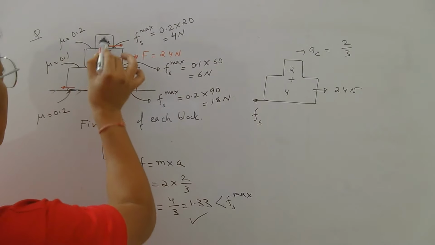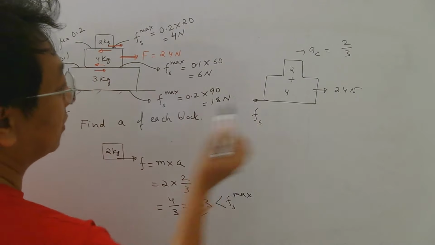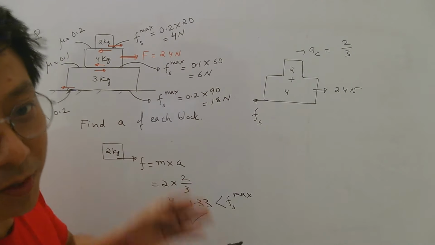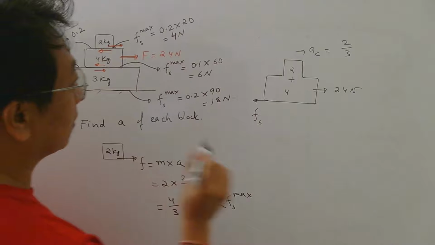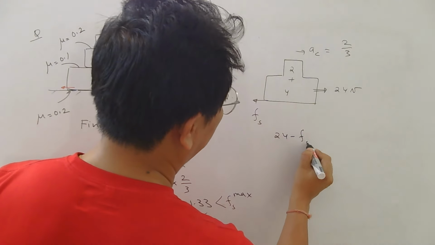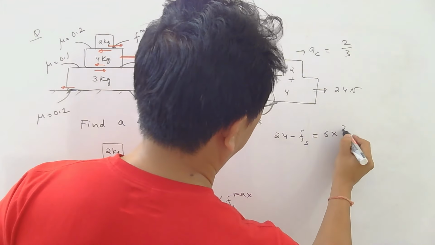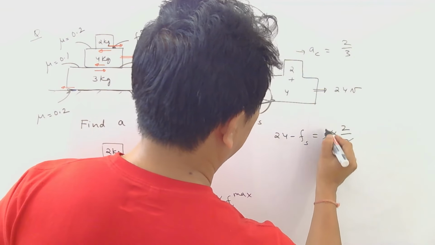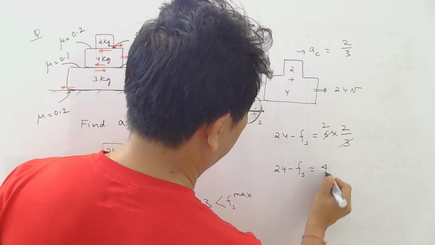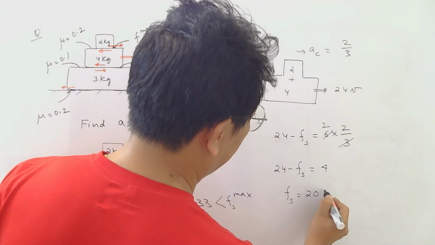This one will be internal between 2 and 4. So this is the external force from the 3 kg. Since I am saying they are moving together, friction will be static. So now check: 24 minus static friction equals its mass 6 into common acceleration 2 by 3. 3 2s are 6, so 24 minus static friction is 4. So static friction will come 20, isn't it?